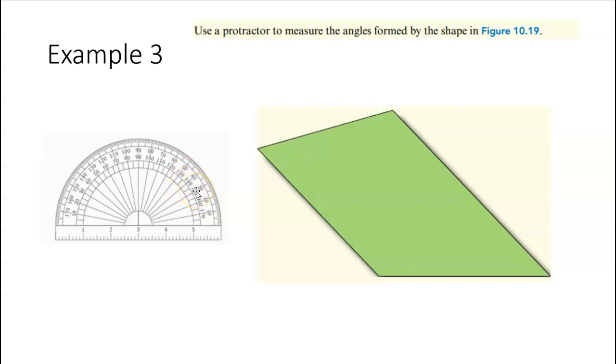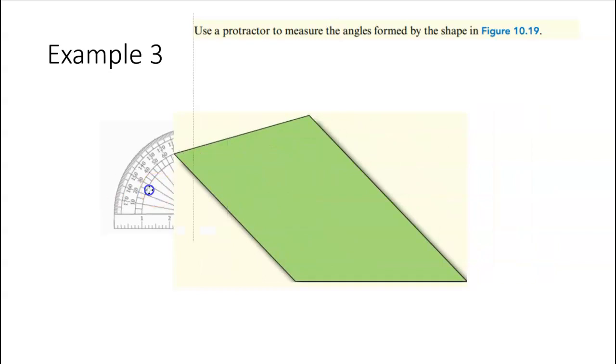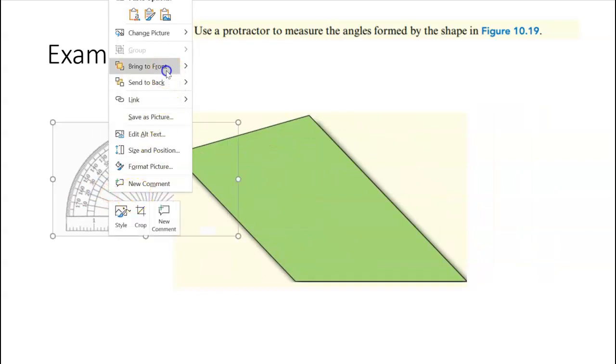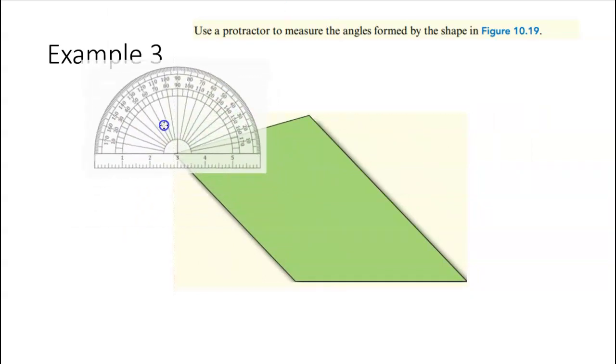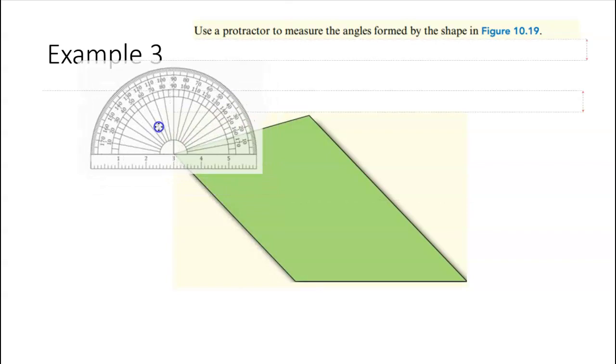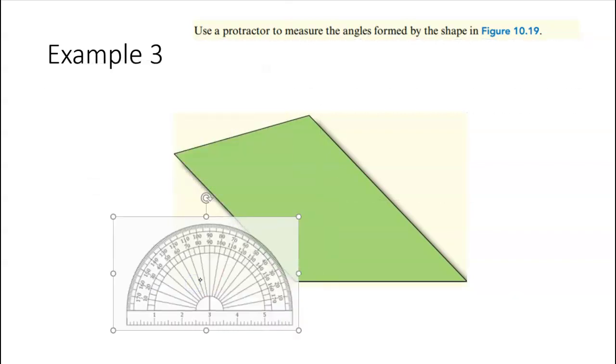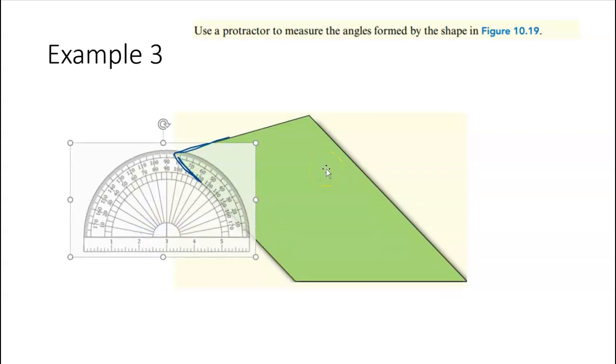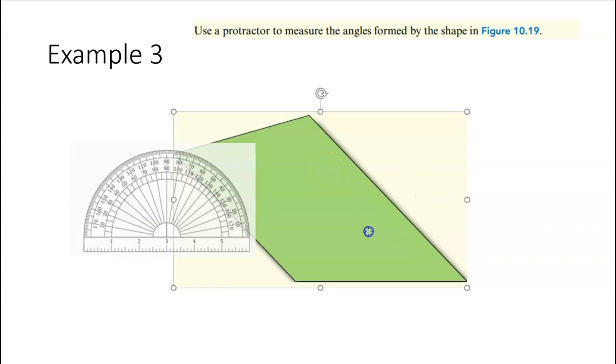All right, so I'm going to try to do this to the best of my ability here on this computer screen. So I'm going to use the protractor to measure each angle. Here, I'm trying to measure this angle. So I'm going to rotate my image here.